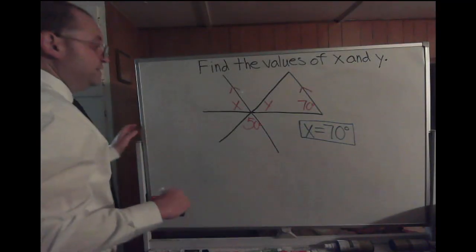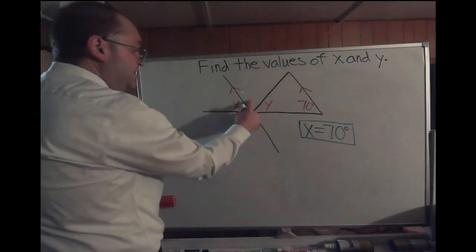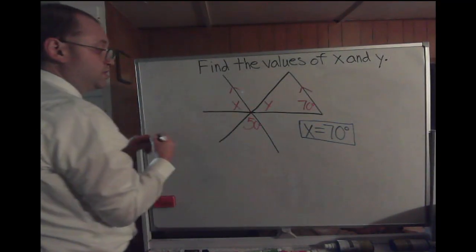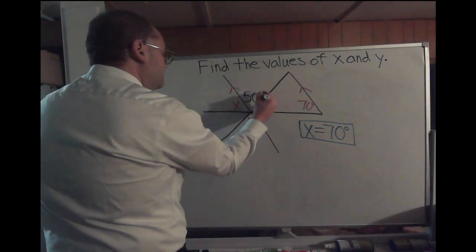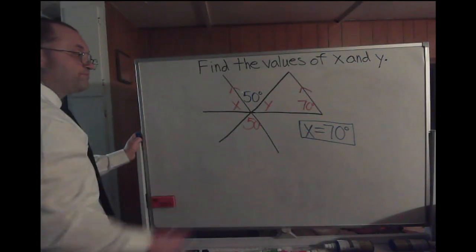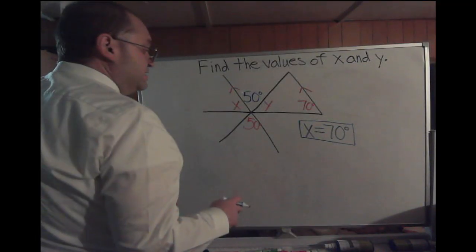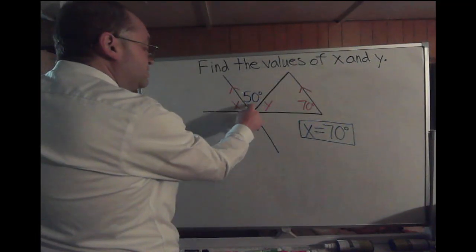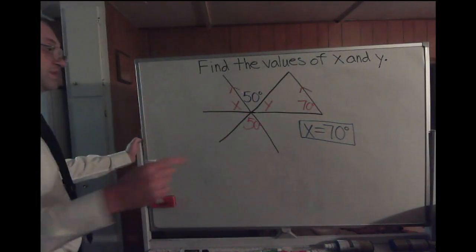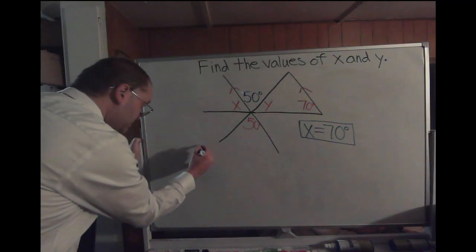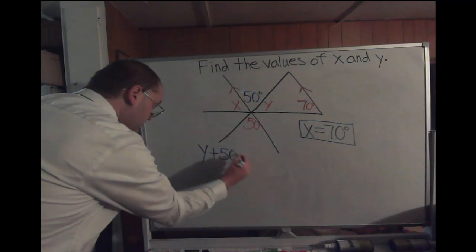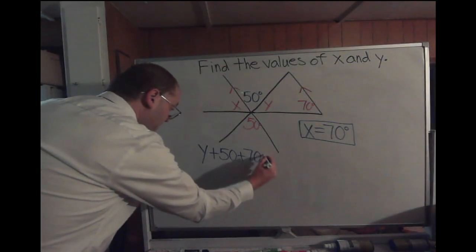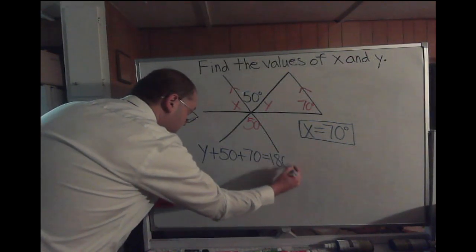But easy fix. For this middle angle, we can use the fact that vertical angles are congruent, and this middle angle actually becomes equal to 50 degrees also. So now we have it in such a way that we'll have 70 plus 50 plus y equals 180. So y plus 50 degrees plus 70 equals 180 degrees, right?